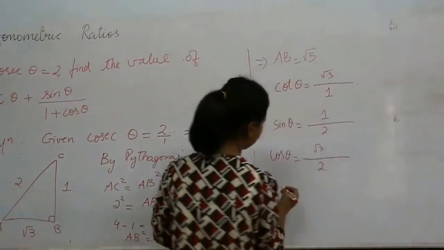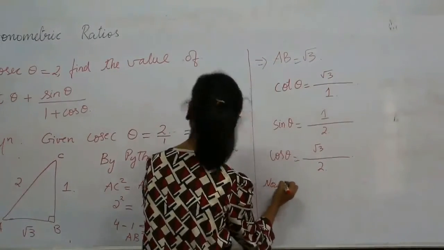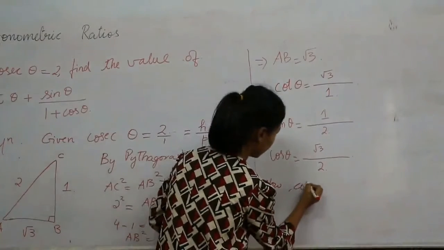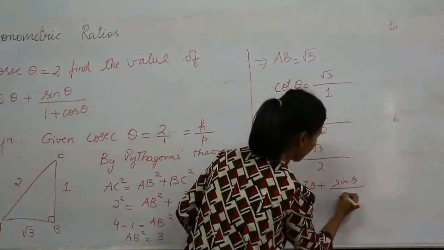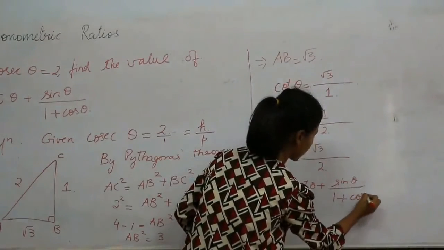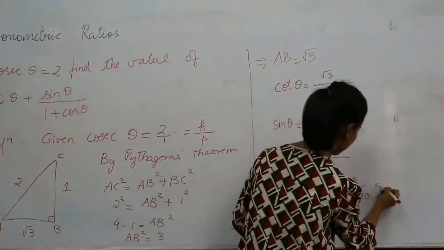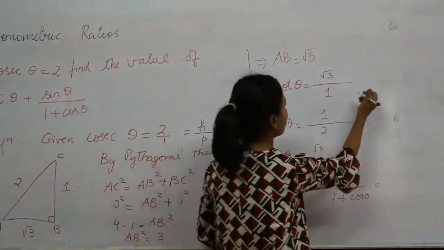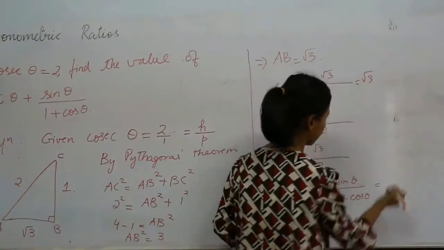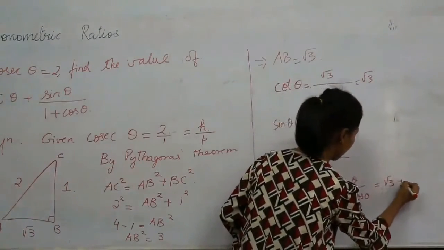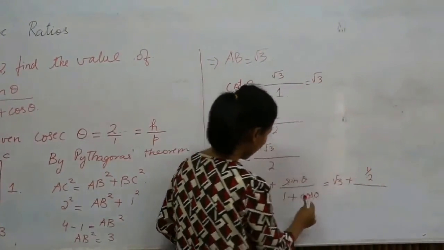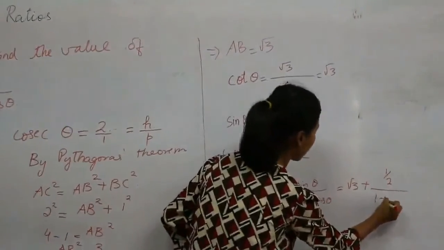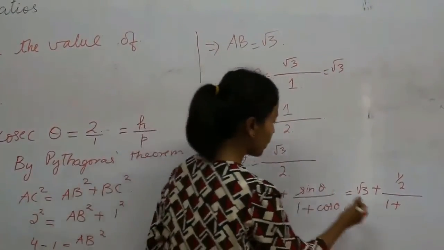Now cot theta plus sin theta by 1 plus cos theta is equal to, cot theta is root 3 by 1, just simply write root 3, plus sin theta is 1 by 2, and 1 plus cos theta here is root 3 by 2.